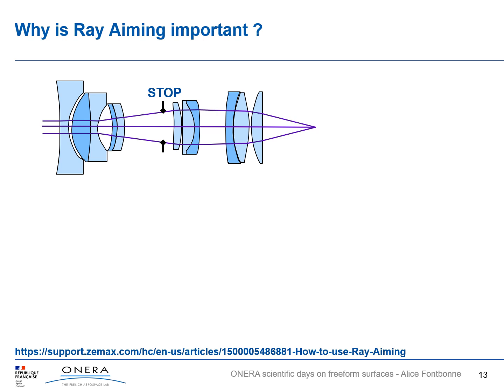If you have a quite easy optical system with a stop before the optical system, ray aiming is not important. But if you have a complex optical system with a stop position inside the optical system, ray aiming is very important. Here is a first example without ray aiming.